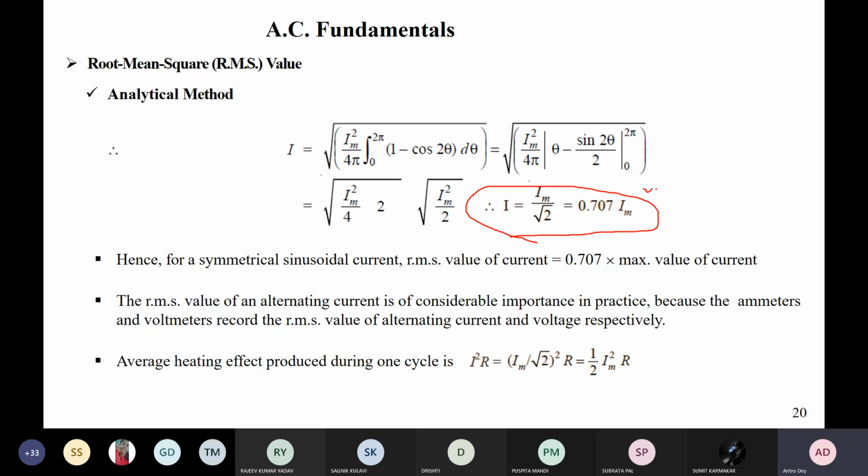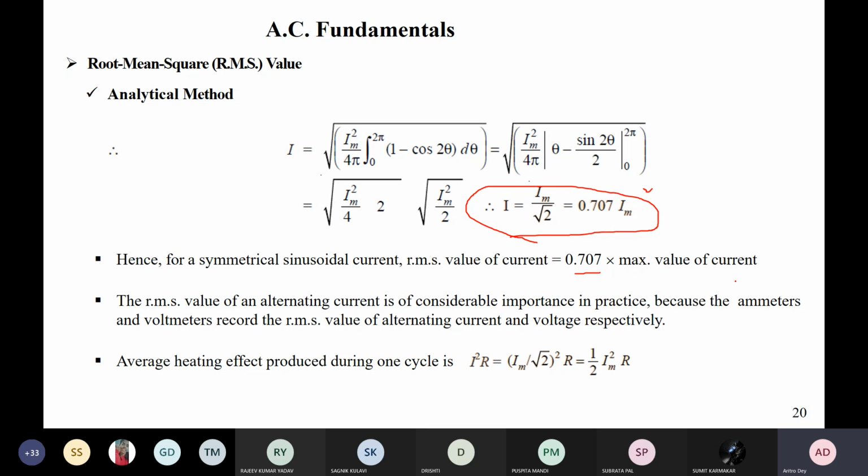And why do we do this? Because all our effective power consumption will be in terms of RMS value only, and your meters will be reading in terms of RMS value. So RMS value of the current is 0.707 times the maximum value. Only thing, peak value will be required when we deal with the capacitive circuit, because there the maximum voltage matters.